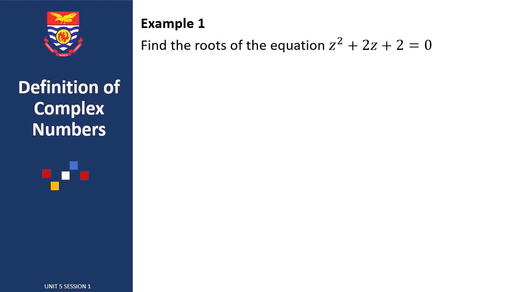In that instance, we can go in for another approach, either the completing the square method or the quadratic formula. So let's go by the quadratic formula. By the quadratic formula, z will be equal to minus b plus or minus the square root of b squared minus 4ac, all over 2a.